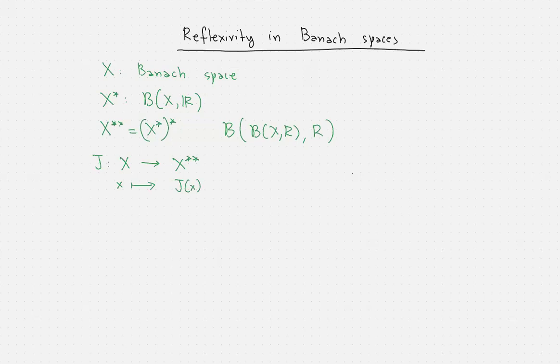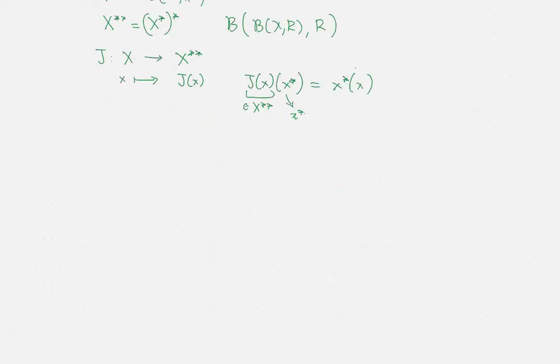This is supposed to be an element in the second dual, and this is simply x star of x. So this is in the dual. And it can be proven that this map J is an isometry into X second dual.